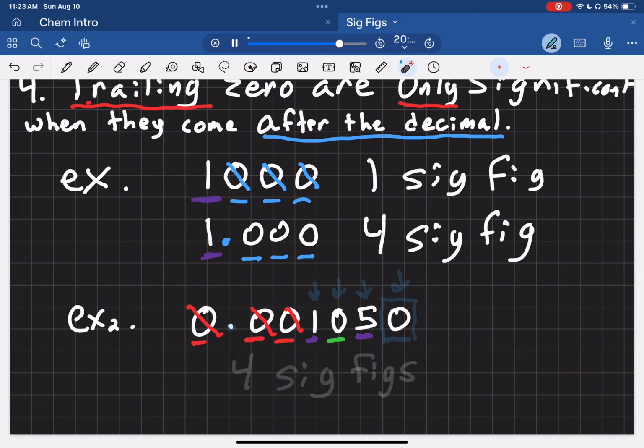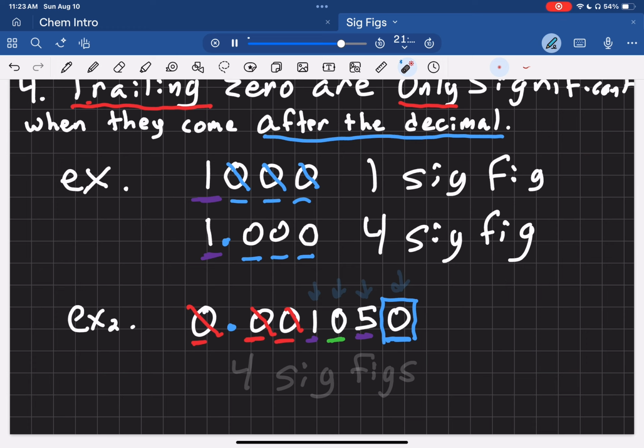So far we got 3. The last significant number that we got is this guy right here. Now we have to identify what kind of zero that is. This zero is a trailing zero because it comes after significant numbers. But since it comes after the decimal, which is all the way over here, it is considered to be significant.